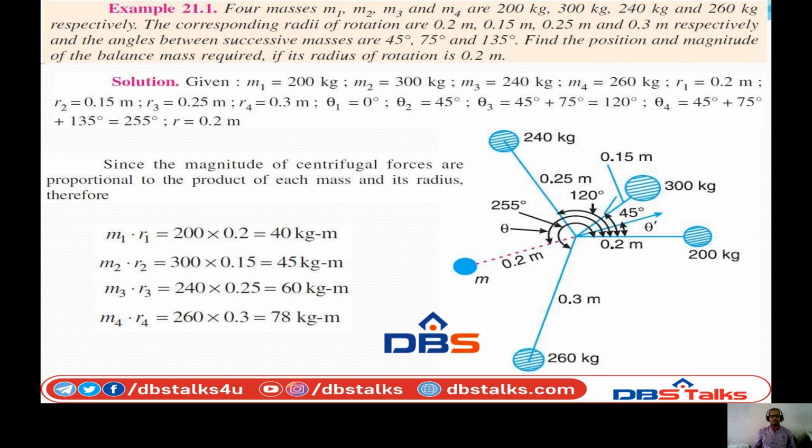So from the reference, that means from the origin, it is an angle of 75 plus 45, that is 120 degrees. From the second mass to the third mass, it is 75 degrees.